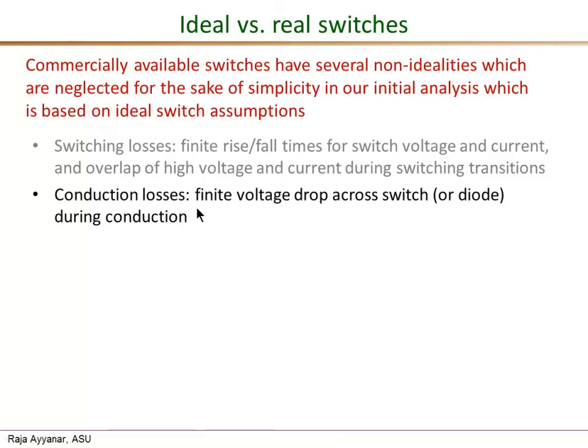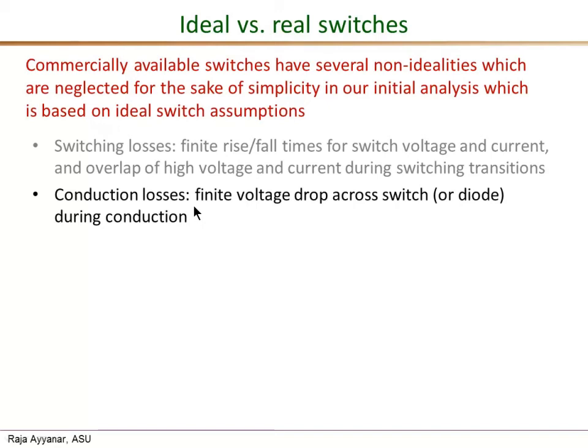The second one is the conduction losses. When a device is conducting, ideally there is no voltage drop across it, but practical devices will have some voltage drop. In a MOSFET, for example, the on state can be modeled as simply a resistance. So R times the conduction current is the voltage drop.